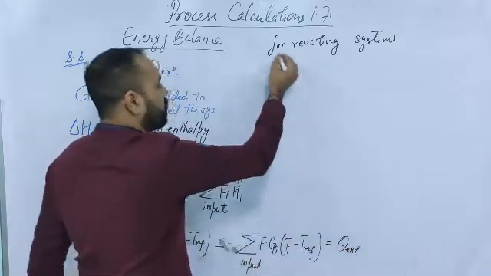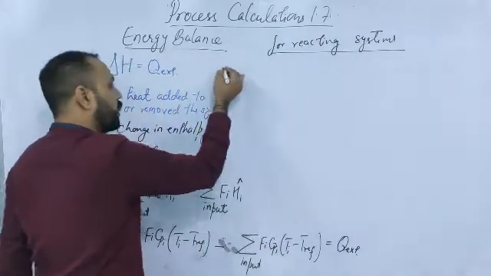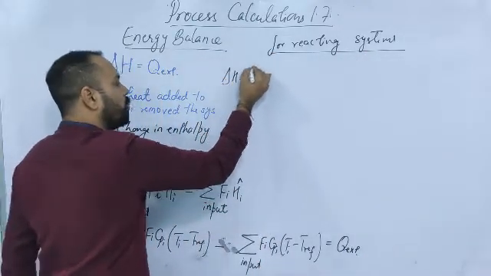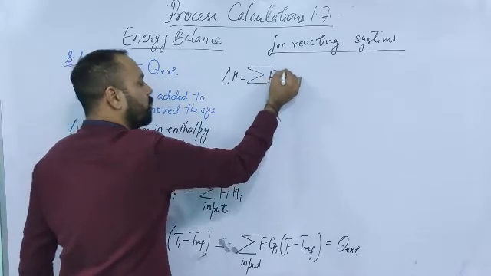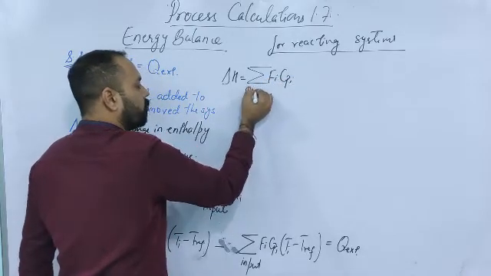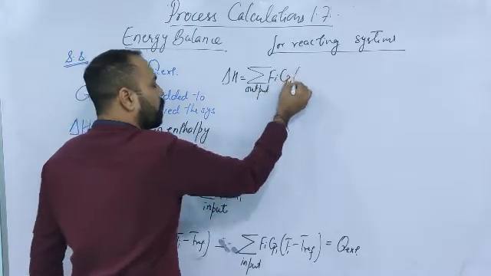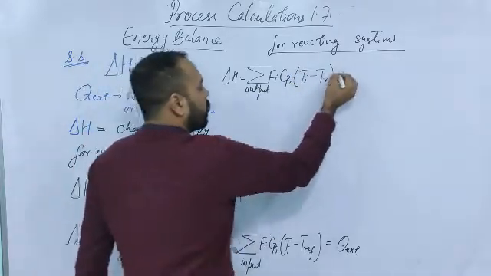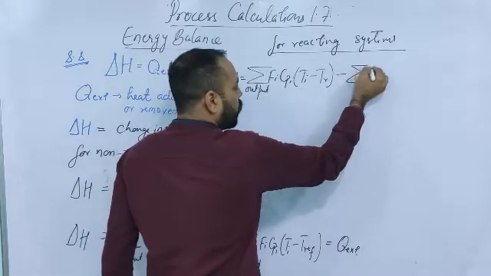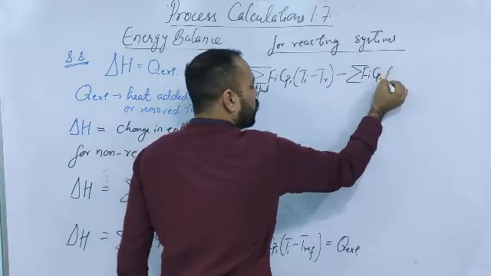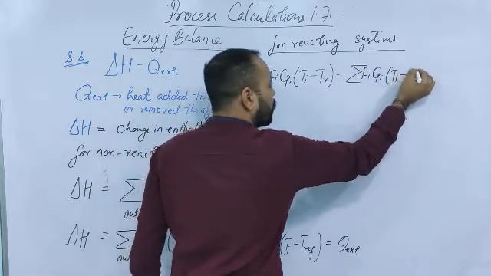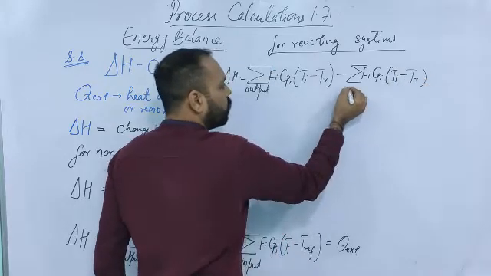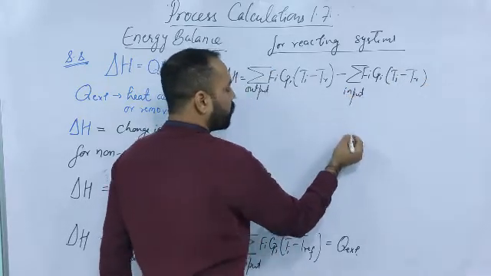If the system is reacting, in that case, you can write delta H is equal to summation Fi Cpi for the output streams multiplied by the temperature of the output stream minus the reference temperature, minus summation Fi Cpi times the temperature of the input stream minus the reference temperature for all the input streams, right?